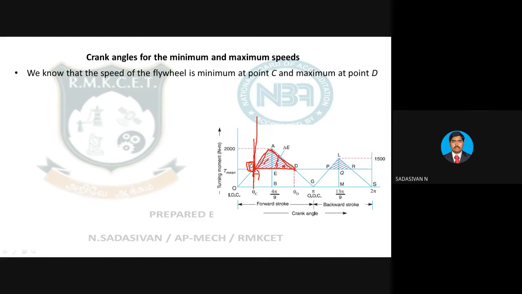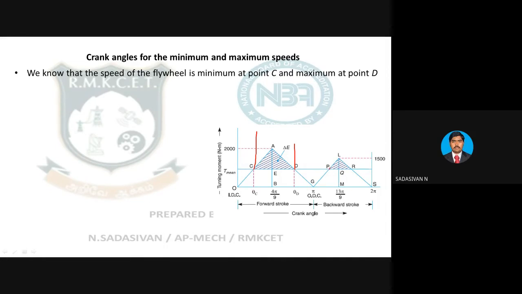So this point is the minimum energy and minimum speed point, point C, because after point C I am getting this much energy added. Similarly, maximum energy is added here, so this point is the maximum speed point of the flywheel. In these types of area problems, take the largest delta E triangle or whatever the shape may be. The starting point of that will be the minimum energy point, and the end point will be the maximum energy point. Clear? That is how I take this.